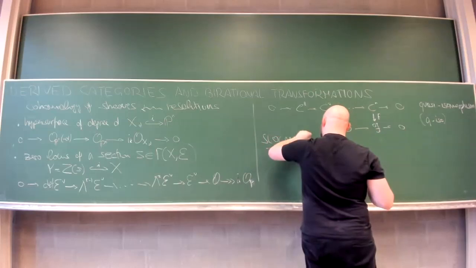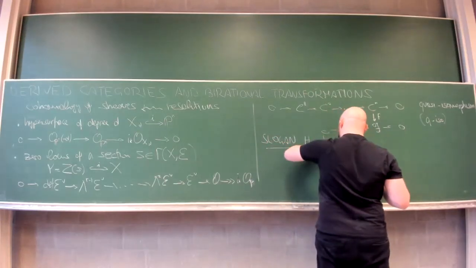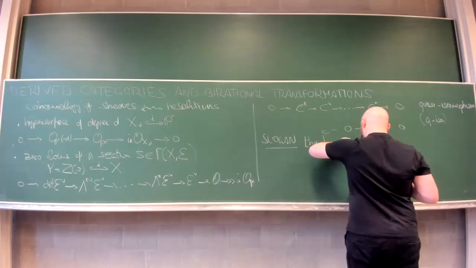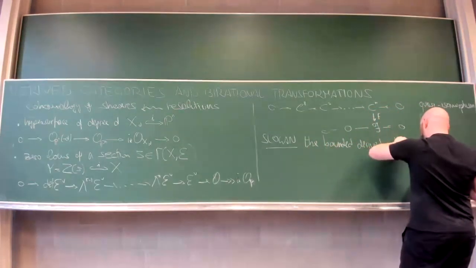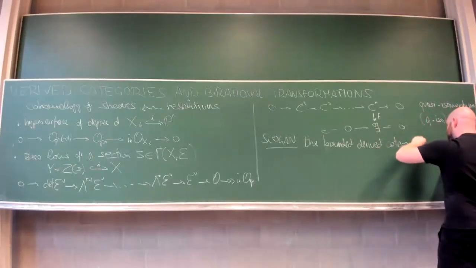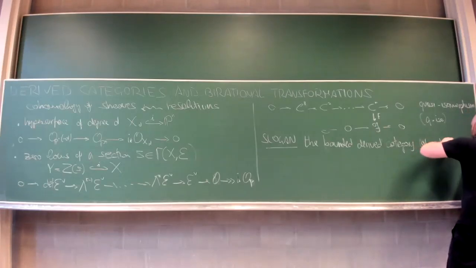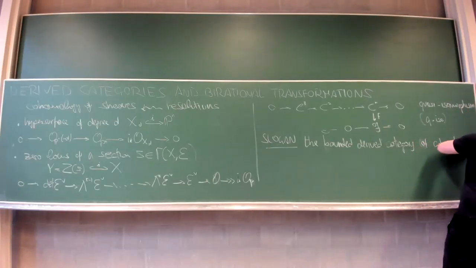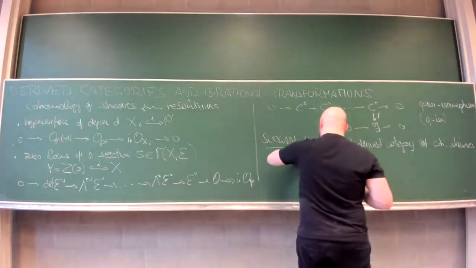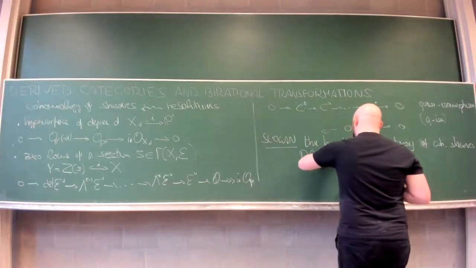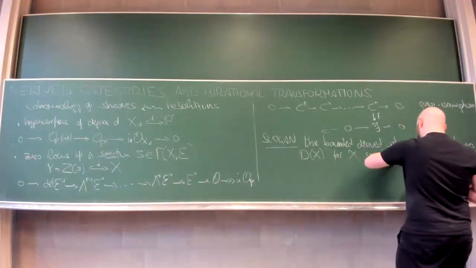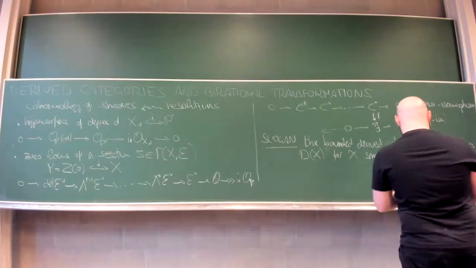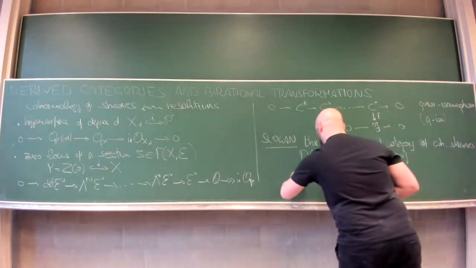The derived category, let's say the bounded derived category of coherent sheaves, let's call it D(X) for X smooth projective, is given by the following.